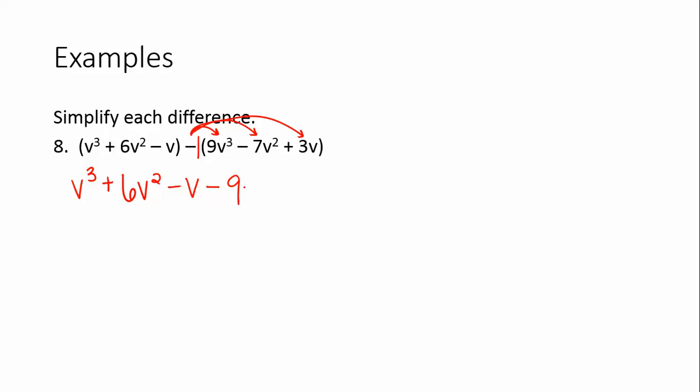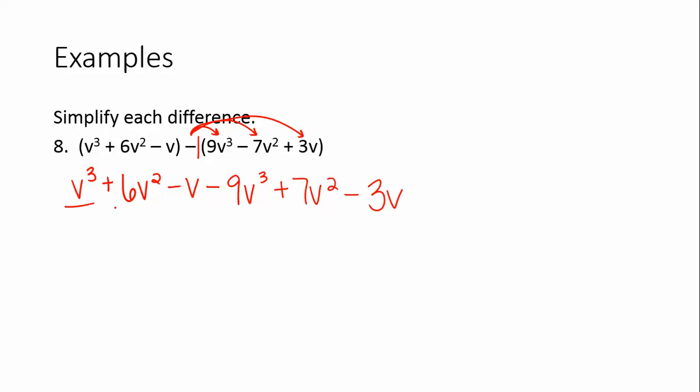So it becomes a minus 9v cubed. If you subtract a -7, that's adding 7v squared. And you subtract a positive 3v, now we're subtracting 3v. So once you distribute that negative sign through the parentheses, now you can combine your like terms and your signs are all correct.